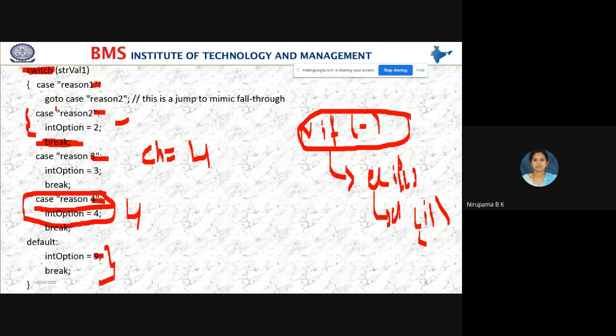Here I don't give this go to case 2; instead I'll write a display statement using Console.WriteLine. And one thing you observe, in case 1 I don't have a break statement. And assume that in case 2 also I don't have a break statement. Then what happens, students?